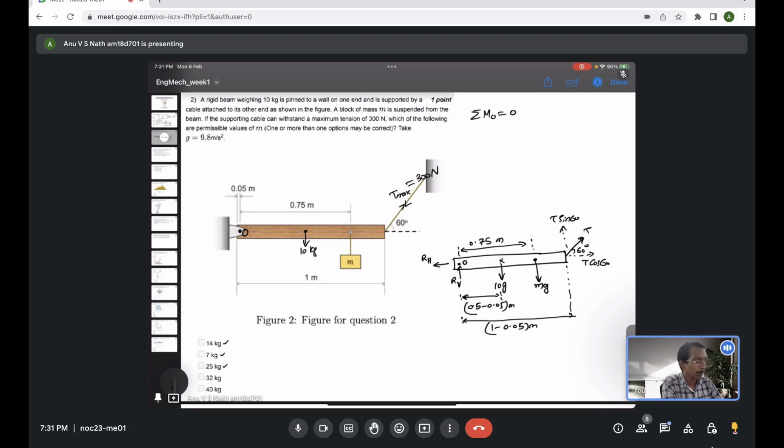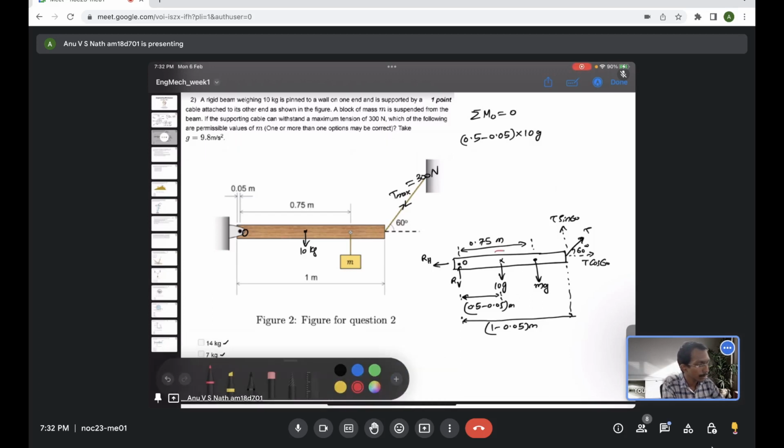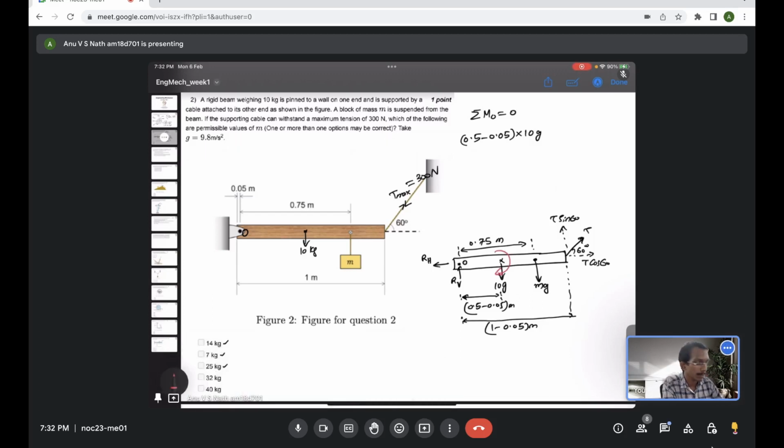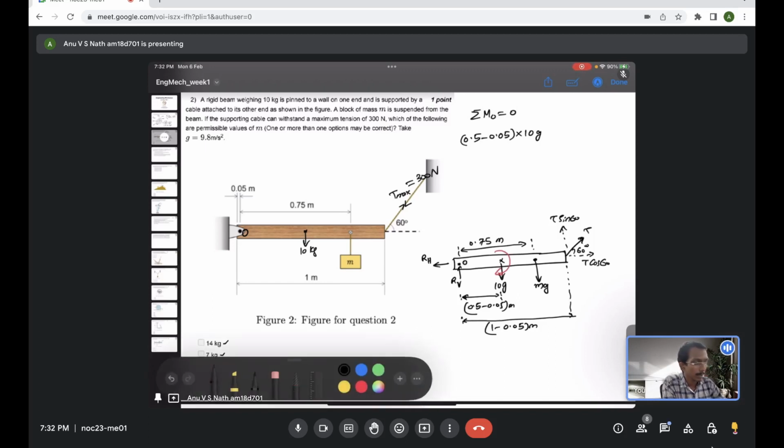Let's say the clockwise moment I am taking as positive and counterclockwise as negative, like earlier. 10g is the next force, which is the weight, and its moment arm is 0.5 minus 0.05 meter, causing a clockwise moment, which I am taking as positive.